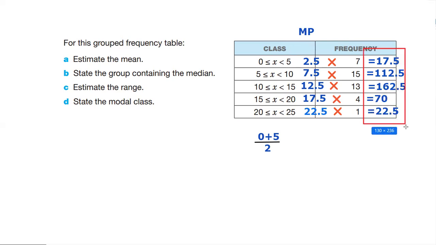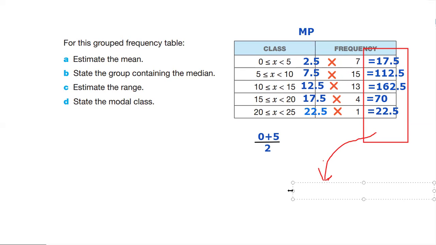So let's write it here. 17.5 plus 112.5 plus 162.5 plus 70 plus 22.5.